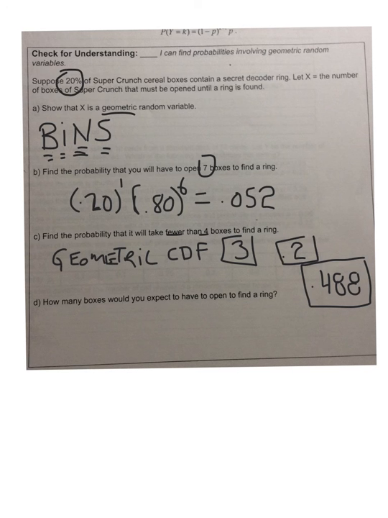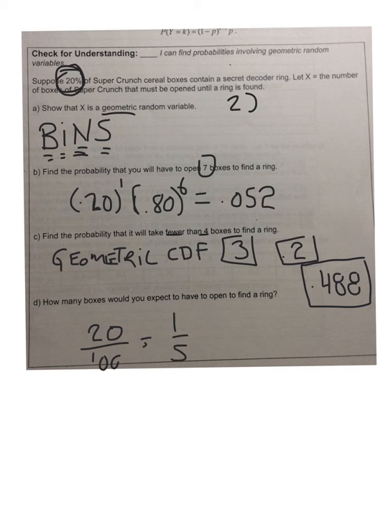Okay, now, how many boxes would you expect to have to open to find a ring? Well, let's see. 20%, 20 over, I'll write this down. So it's 20 over 100%, right? It's 1/5, right?